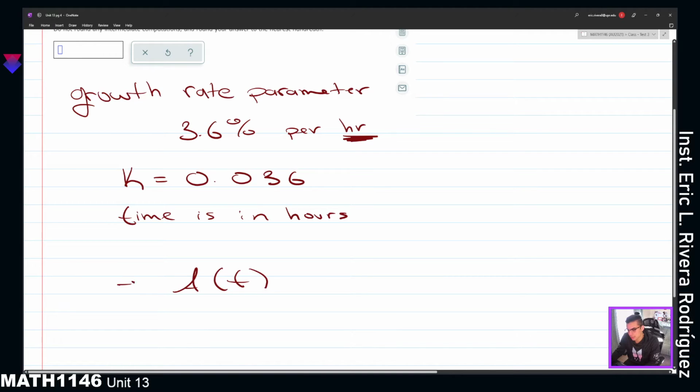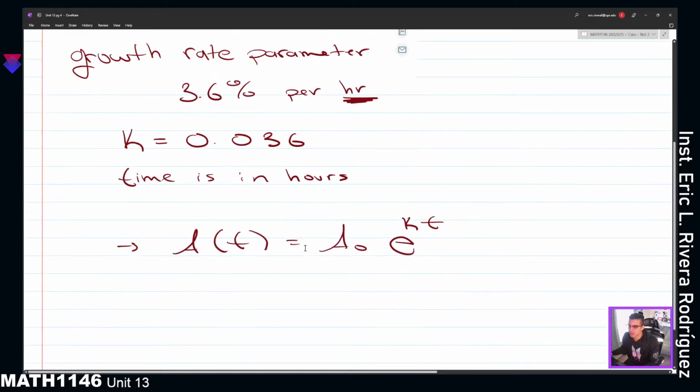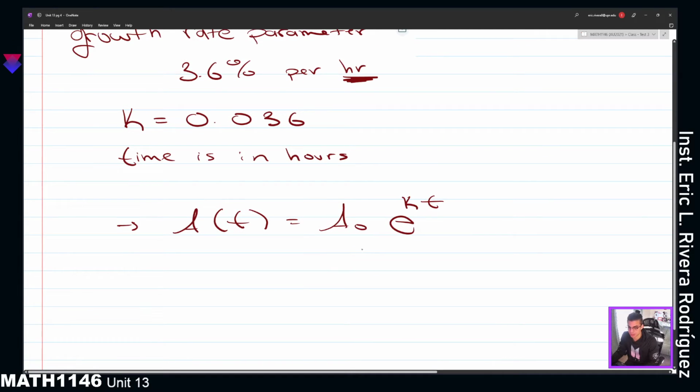So what we need to do here. Let's start with the formula. It is interesting here that we do not know the initial amount, but that's not a problem because we know that by the double time, and again, this is a term that I'm using freely just to specify the type of exercise, we are going to have 2 times the initial value, a sub 0, equals a sub 0 e to the k t.